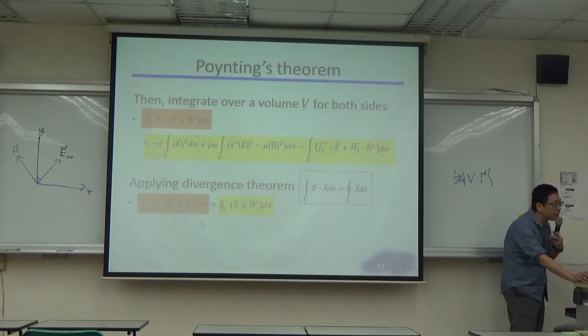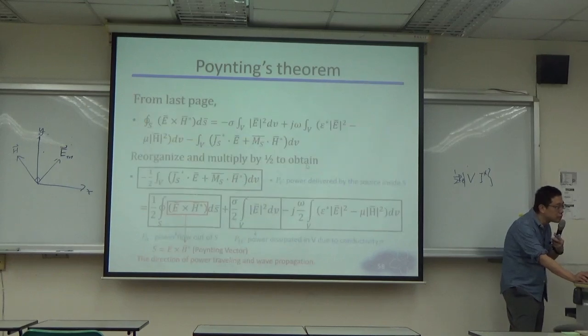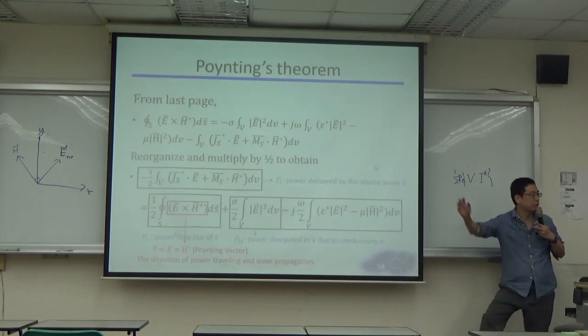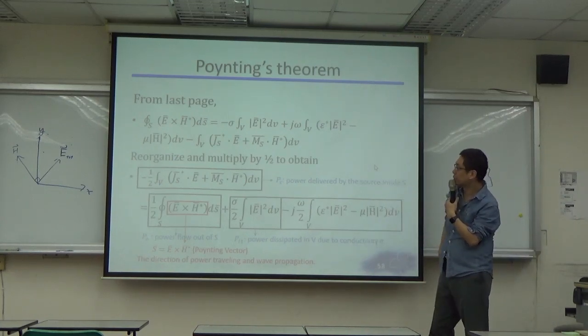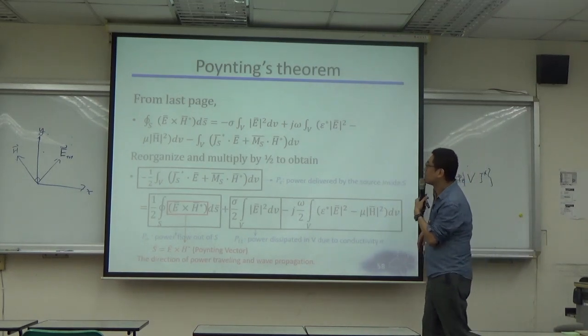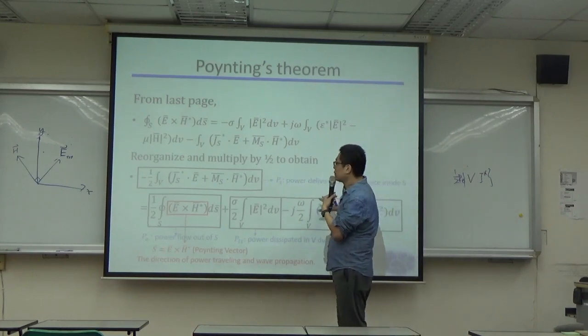Multiply by 1/2, and this is the final form. You got a relationship.